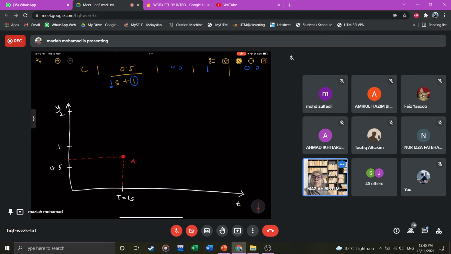For system B, the final value is 2. So 63.2% of 2 will be 1.26. For system C, the final value is 0.5.